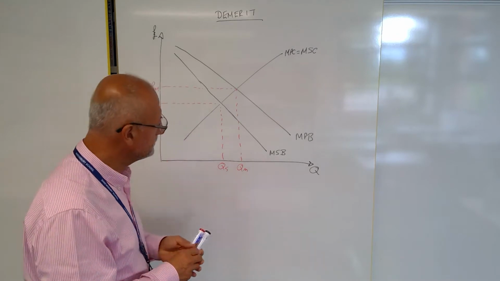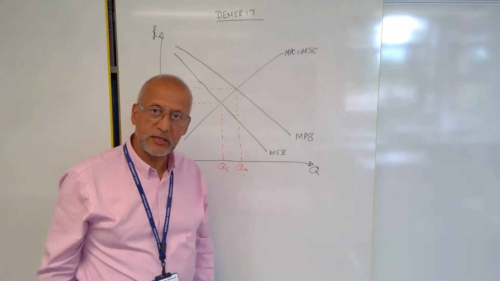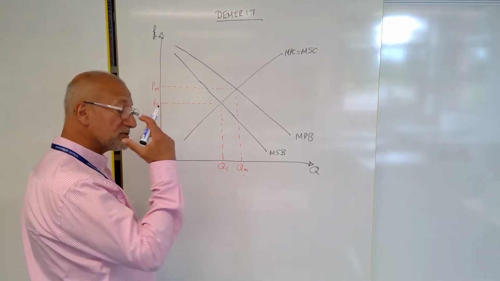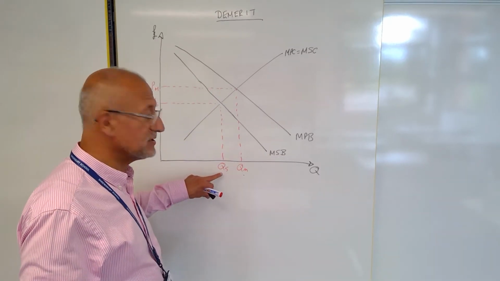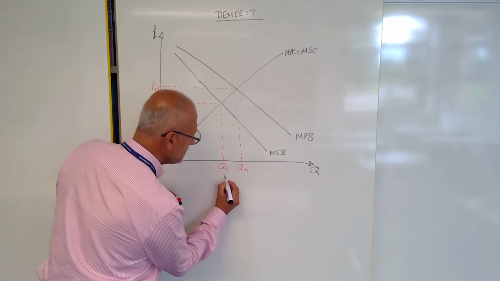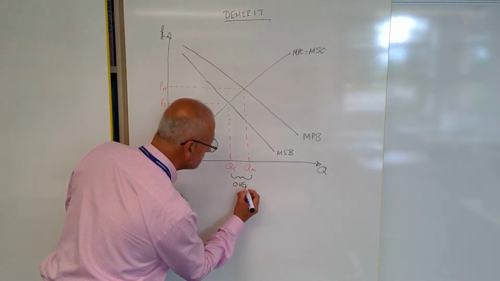So the market currently is consuming QM, at a price of PM, whereas what we would really like as a society is less cigarettes smoked, at QS, because that's the social equilibrium. So we have an overconsumption.